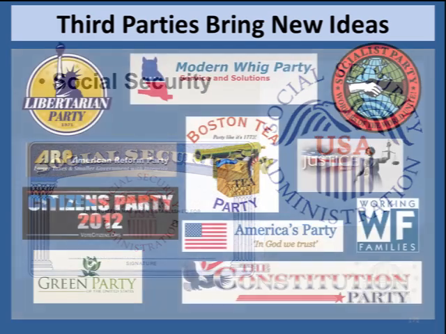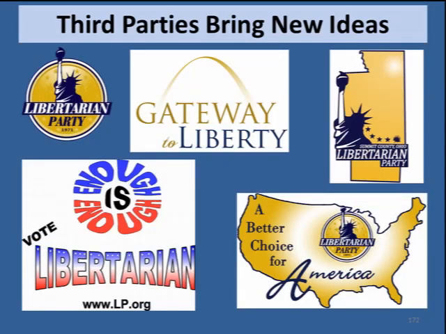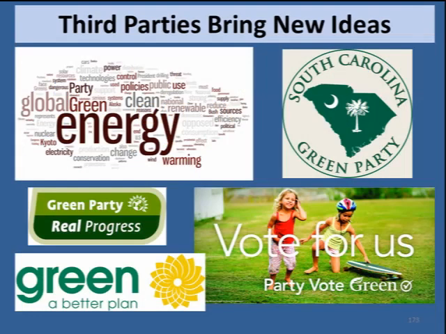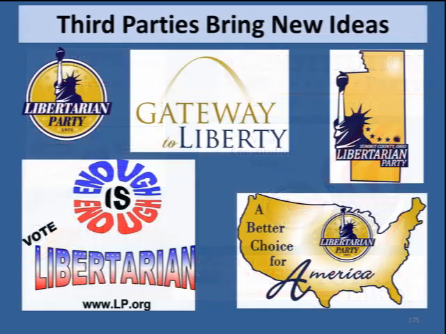Currently, the largest third parties in the United States are the Libertarian Party, the Green Party, and the Constitution Party. The Libertarian Party believes in very limited federal government. The most radical form would be a government that only provides police, prisons, courts, and the military.